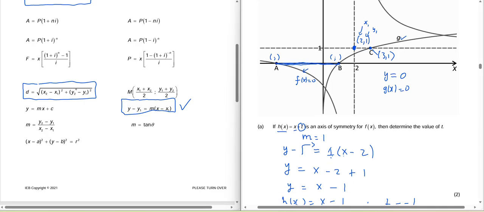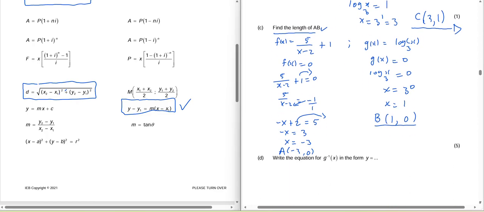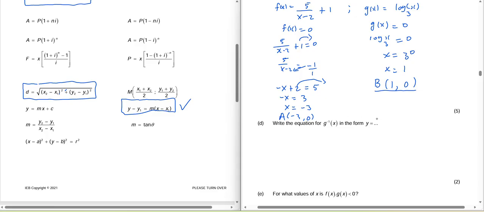Or we can implement this formula. You still get the same solution. So in this case it is the horizontal distance. So the length of AB is equals to 1 minus minus 3, because we want to find the difference between those. So 1 minus minus 3 is 1 plus 3. That will be 4 units. So that is the distance.